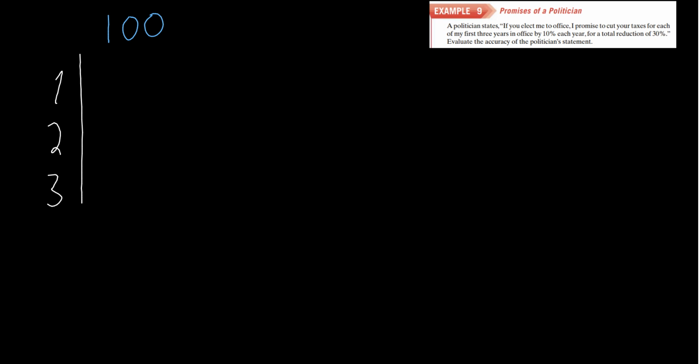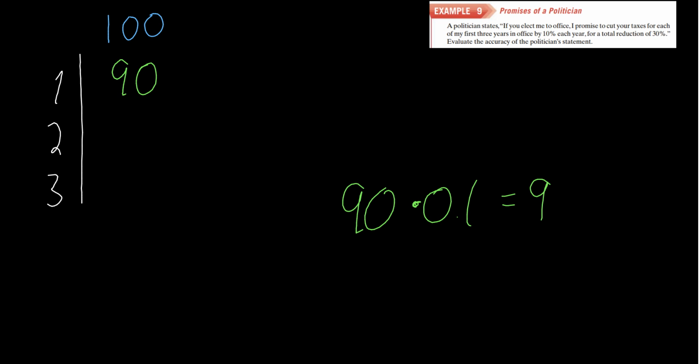So my taxes my first year are going to be just $90. Good stuff. Okay. Next up, we're going to take 10% of $90. Well, 10% of $90, again, we're going to do 90 times 0.1, right? And that's going to be 9. Okay, so my taxes are going from $90 down to $81 now, right?